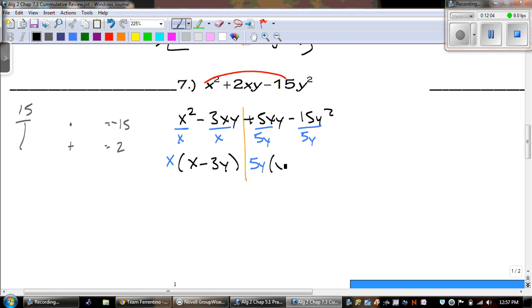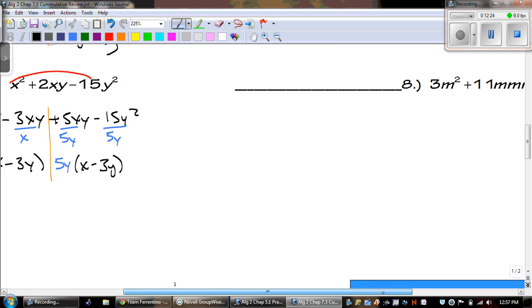And then we're left with x minus 3y, which is great because our two binomials match, which means we did it right. So our answer is x minus 3y and x minus 5y.